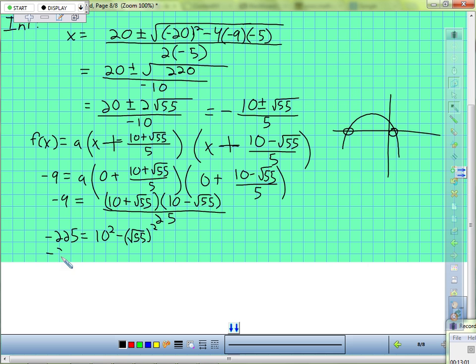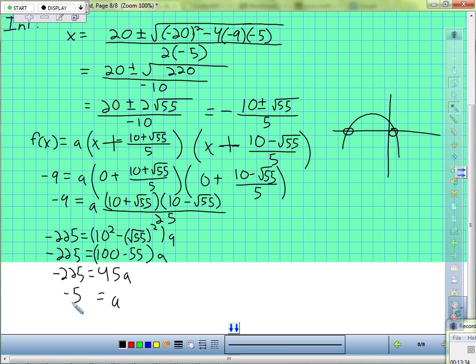Which, of course, -225 is equal to 100 minus 55 times A. Whoops, got my A in here. Goodness gracious. So -225, is that 65? Is that right? 45, thank you. Arithmetic and I not getting along. And I divide by 45, A is equal to -1.